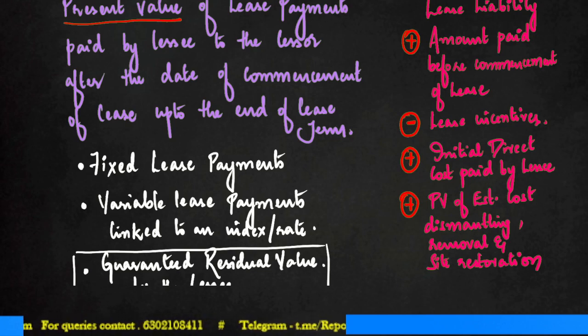This part we have already discussed previously under IND AS 16. Guys, if required, please go back and check what lease incentives are, the lessee's involvement before the commencement of lease, and initial direct cost paid by the lessee. These three parts we have already discussed in the previous session. You can go back and check.